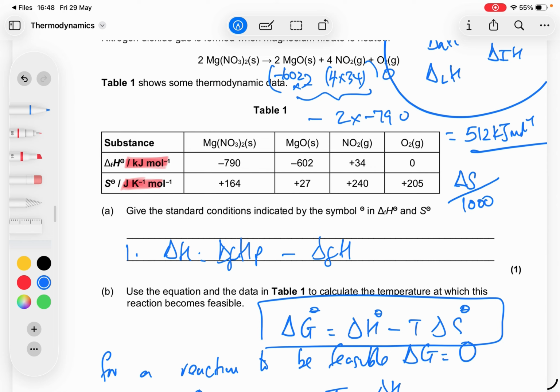Now, with the delta S, again same rule, delta S is the sum of the entropy of products minus the sum of entropy of reactants. This time note that even elements or atoms in their standard states will have entropy, and then the total sum of entropy of products will be 2 times 27, add 4 times 240, add 204, take away 164 times 2, and that gives you an answer of 891.